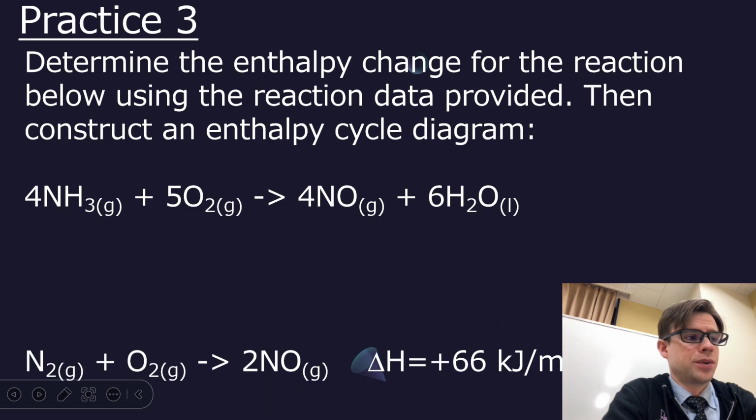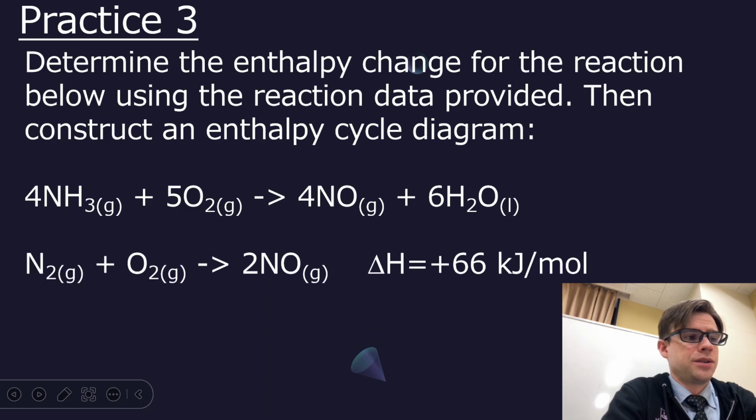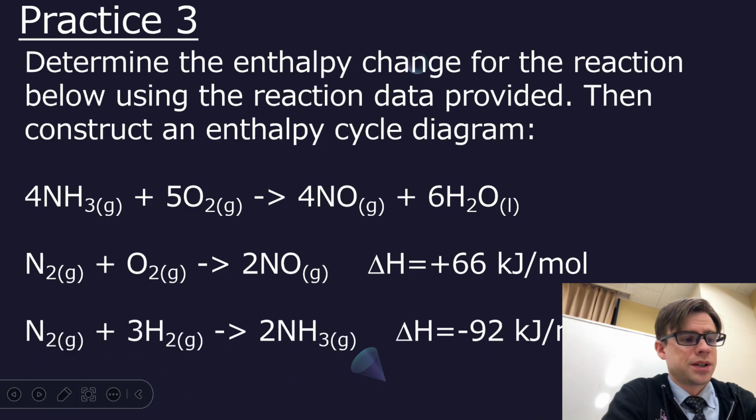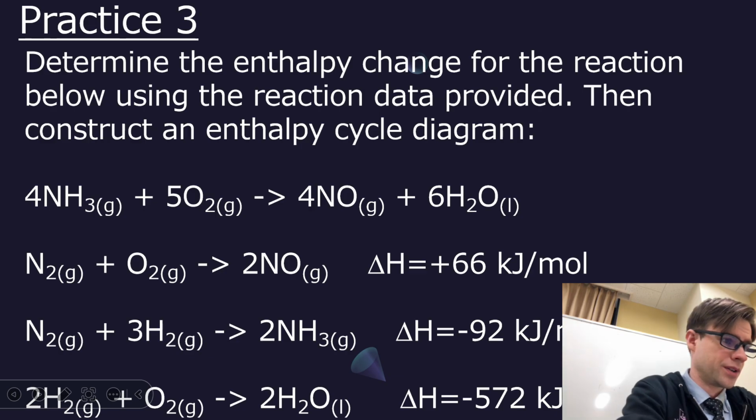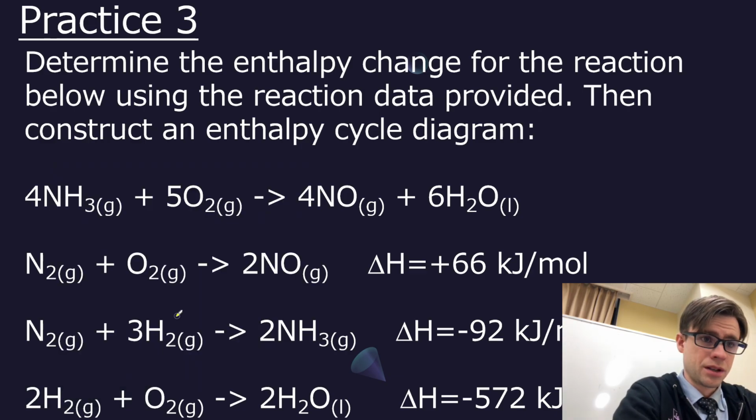And what we have to work with is N2 plus O2 goes to 2 NO, plus 66. N2 plus 3H2 goes to 2NH3, minus 92. And 2H2 plus O2 goes to 2H2O, minus 572. Okay, and we need to find what this delta H is.